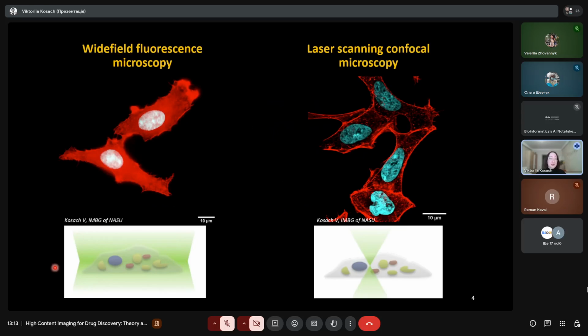I think you know that usually a light source is a lamp that excites the whole field of view, and the fluorescent emission is also collected from the whole field of view, different focal planes. So in such a way you receive a very nice intensive signal, but it has a lot of out of focus light from different focal planes.